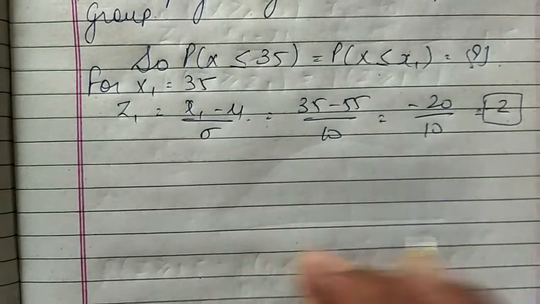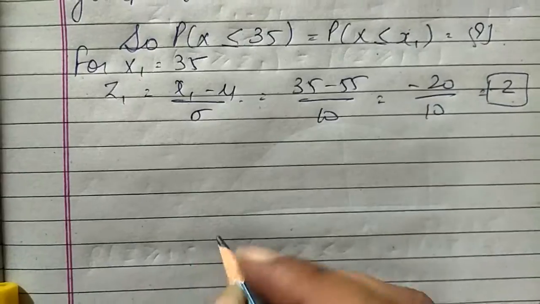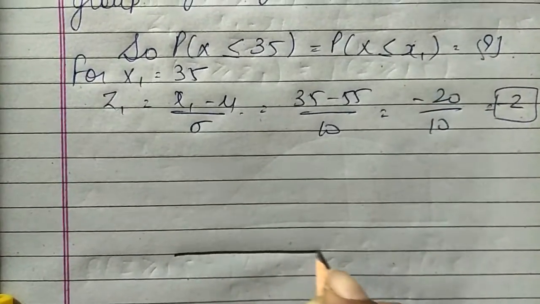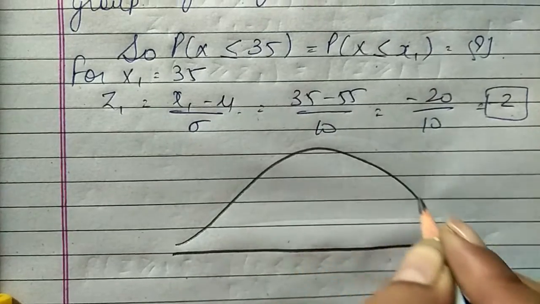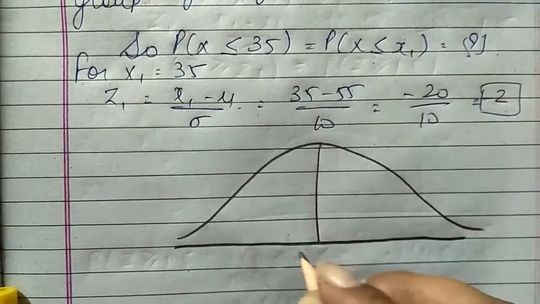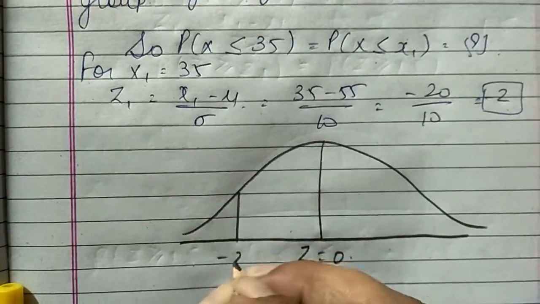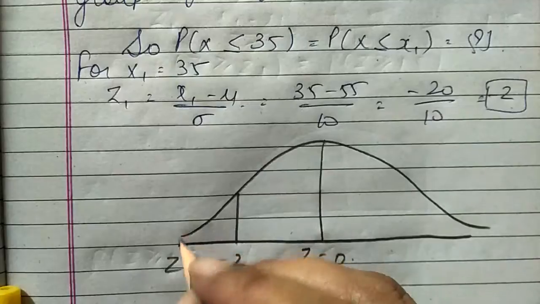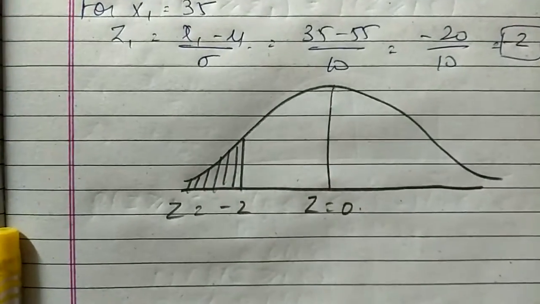Okay, now we will draw the diagram for the same. Centermost is z equal to 0 and here z equal to minus 2. This we will shade here.